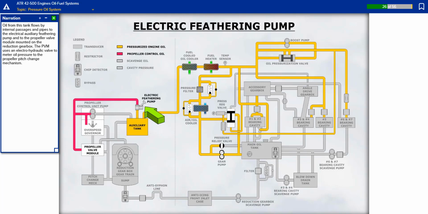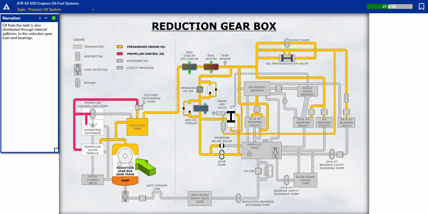The PVM uses an electro-hydraulic valve to meter oil pressure to the propeller pitch change mechanism. Oil from the tank is also distributed through internal galleries to the reduction gear train and bearings.